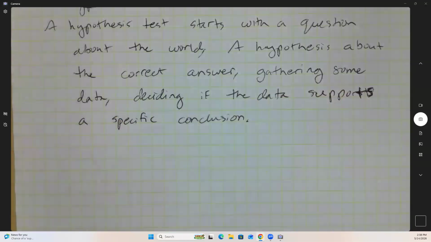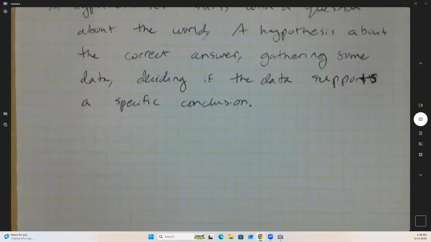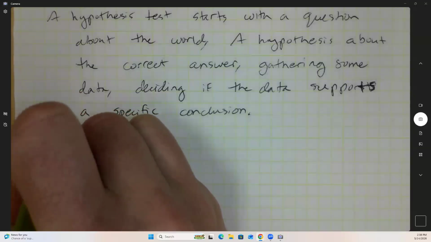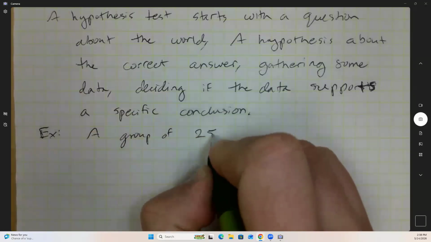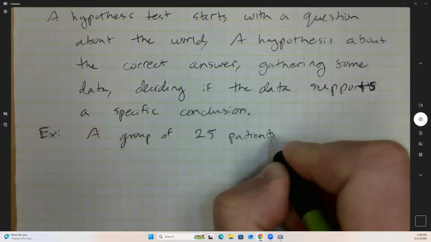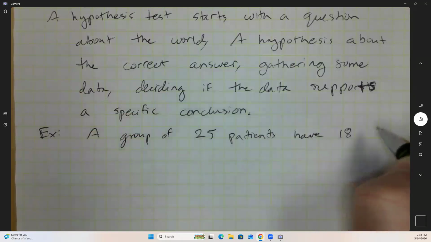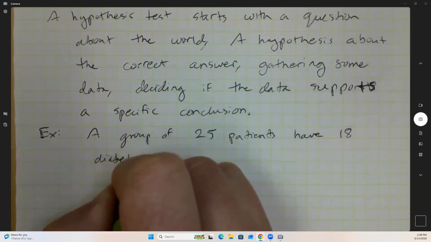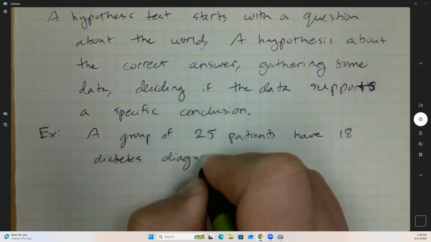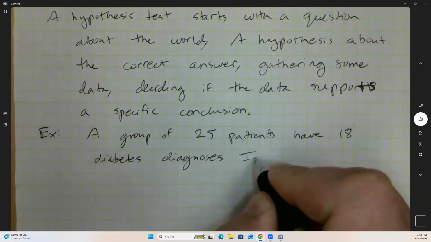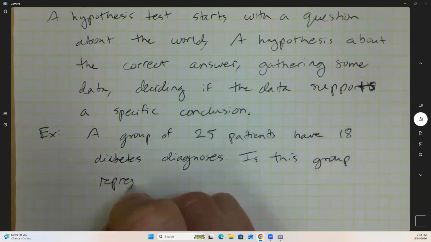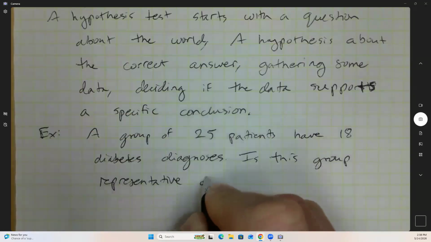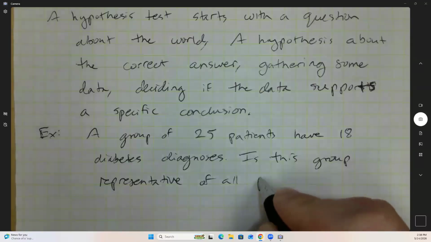You've already done informal hypothesis tests in your labs. For example, a group of 25 patients have 18 diabetes diagnoses. Is this group representative of all patients?